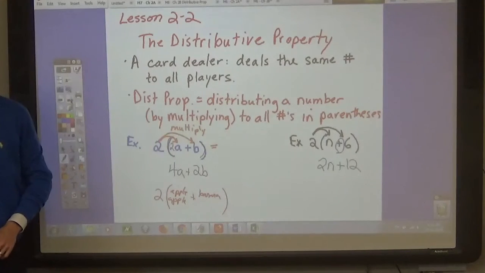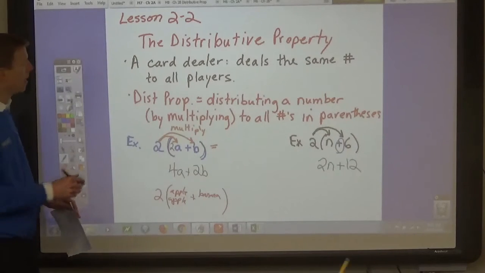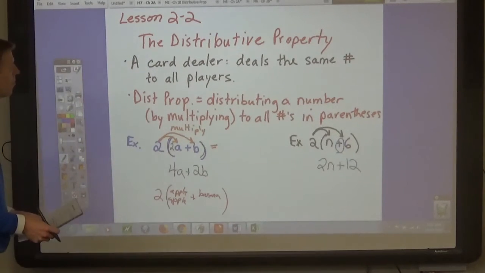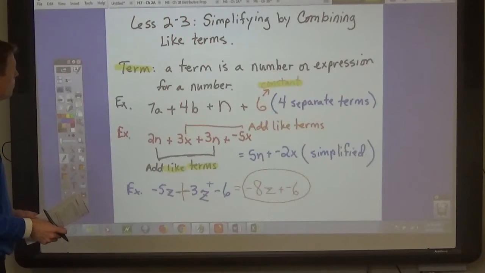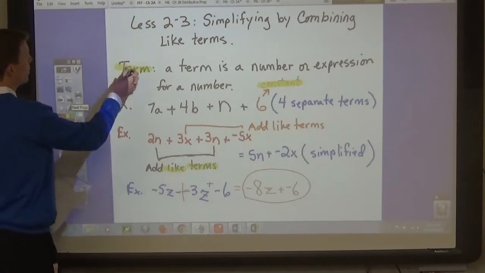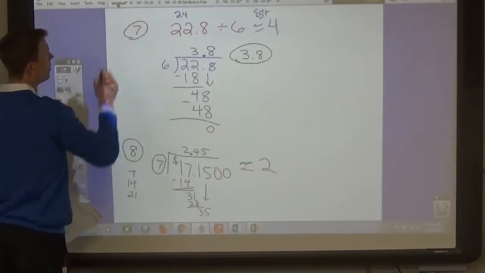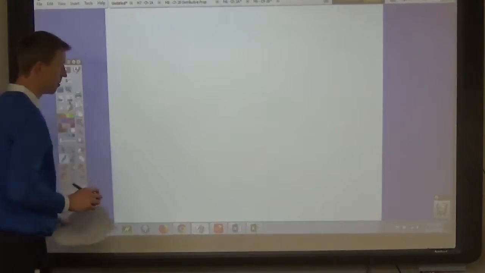Now, I gave you a worksheet that we're going to practice. So start on the reteaching side. We're going to talk more about terms and like terms tomorrow. Let's go through the reteaching side together.